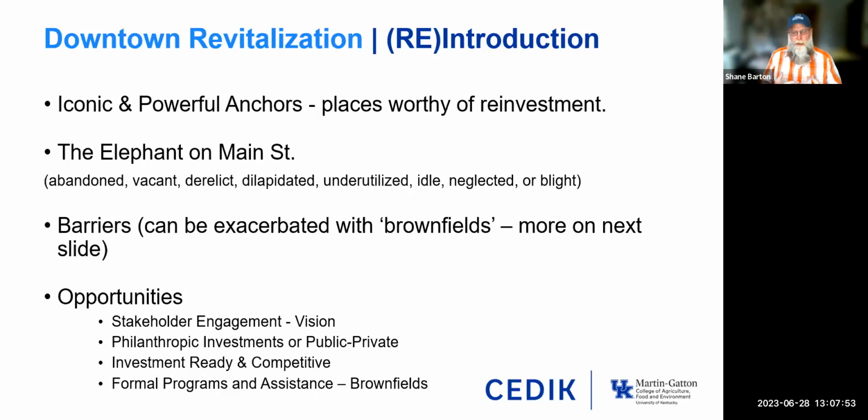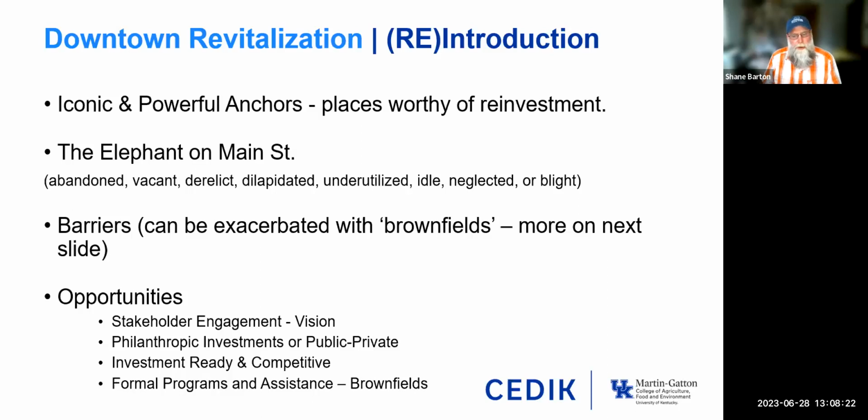But, leading out of what Lynn shared about the history of development, I want to draw a connection to our interest in downtown revitalization. As you all know, downtowns are often places of concentrated, historical development, and those communities often have the most iconic and powerful anchors, the things that remind us of who our community is and what it represents.